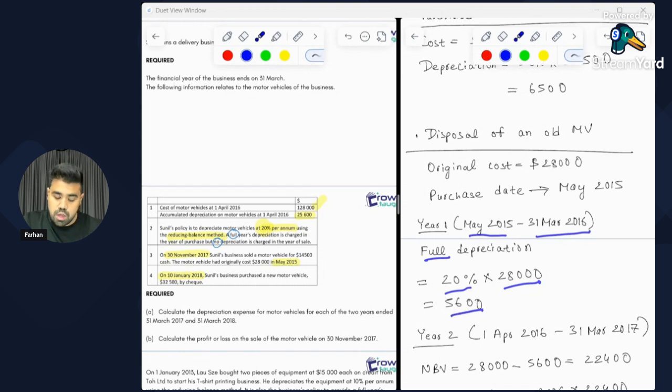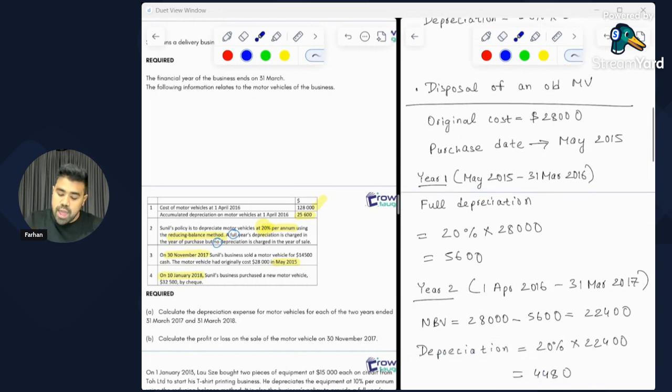All right. Now, year 2 for usage of this old motor vehicle would be from 1 April 2016 until 31 March 2017. Because we're using the reducing balance method, when you move to year 2 and want to find the depreciation, it's important you first find the net book value. The net book value is calculated by taking the original cost and subtracting the accumulated depreciation so far.